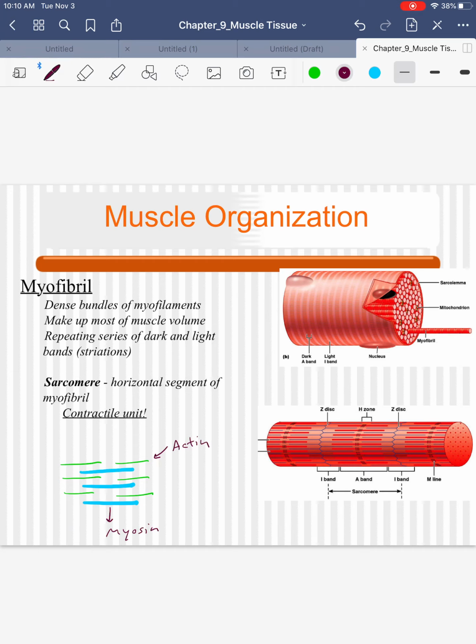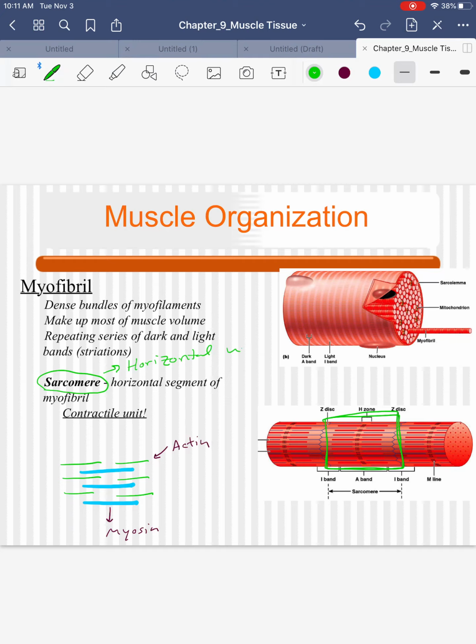But the idea is these myofilaments are arranged into these horizontal units. Each horizontal unit is called a sarcomere. Horizontal unit of actin and myosin. I think that's a better definition.